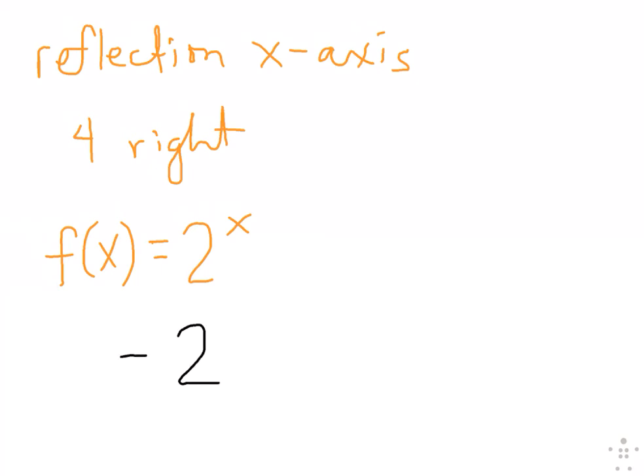So negative and then 2 to the x. That's the first piece. Second piece said, followed by a translation 4 units to the right. Where does right 4 go? With the x. Where's the x at? In the exponent. And so which way is right? Is it plus or minus? Minus 4.